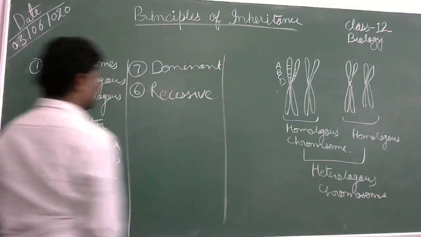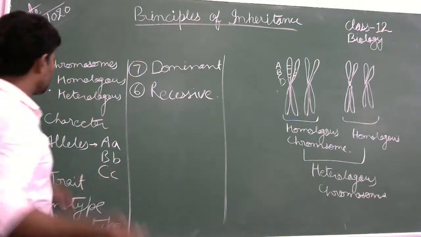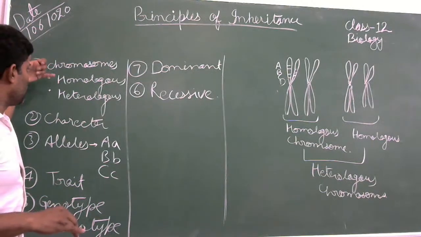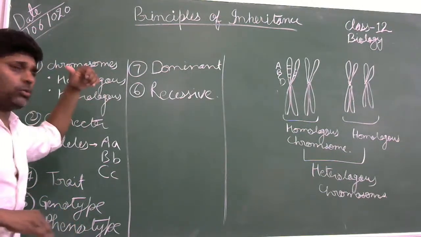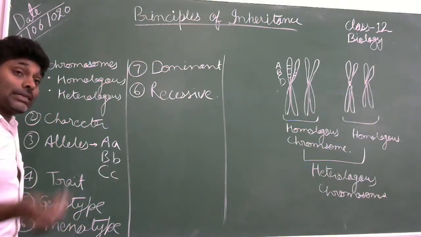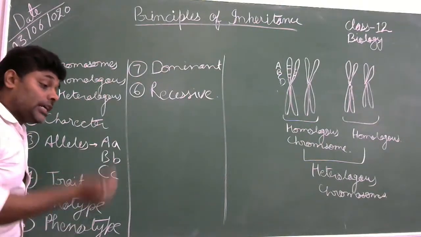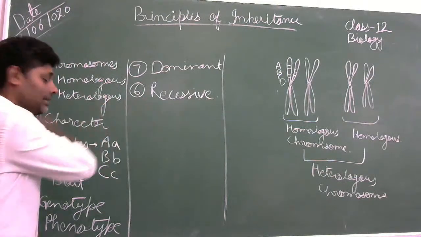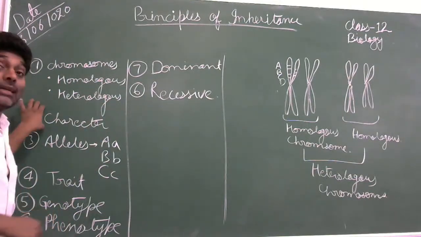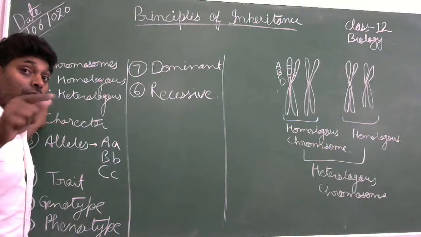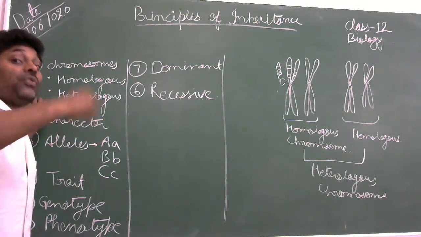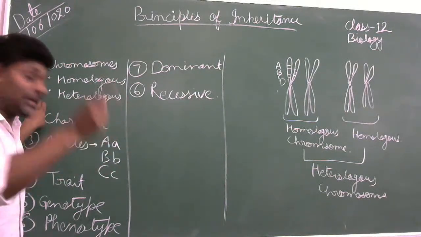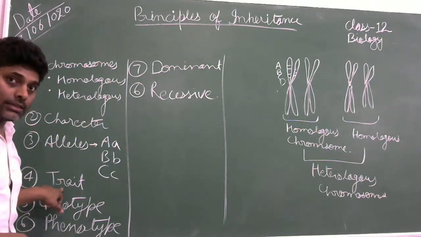Right? So here are certain terminologies. Once again, chromosomes, well known. There are two types of chromosome, homologous and heterologous chromosomes. The next one, characters, the qualities of individuals which make them different from others. Each character has, as I told, some differences, meaning different factors of the same character are traits.